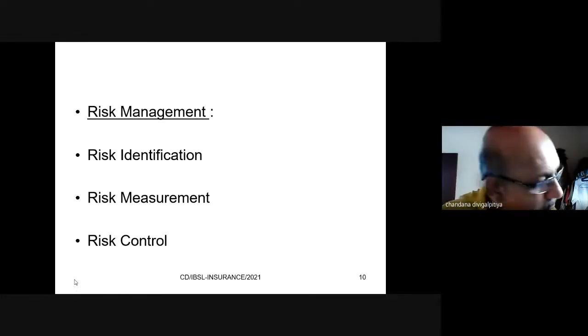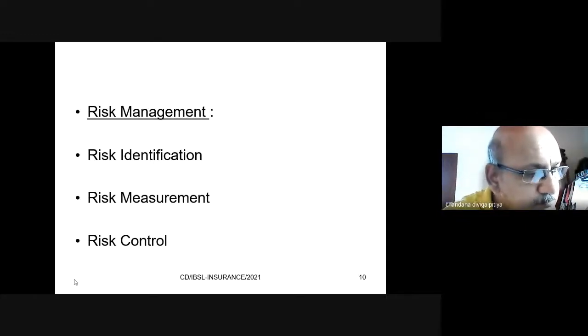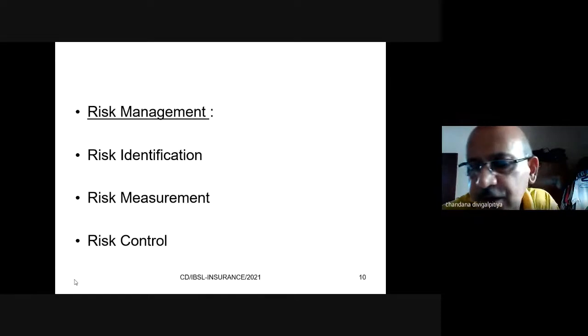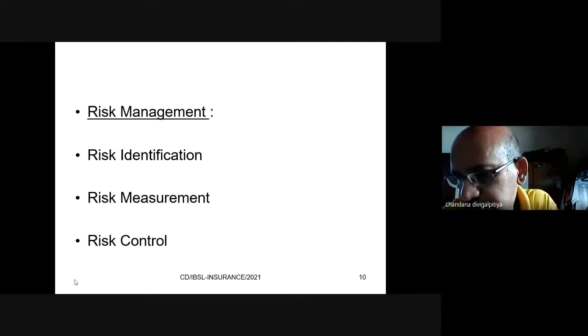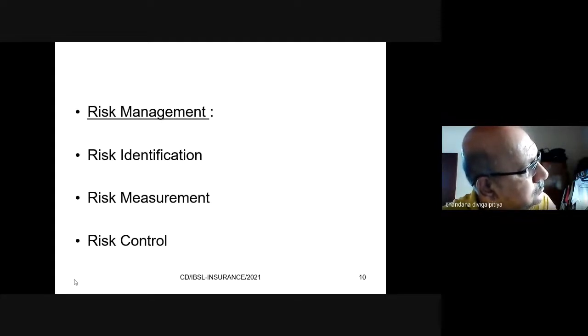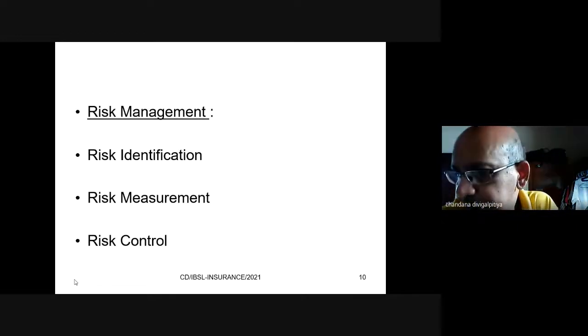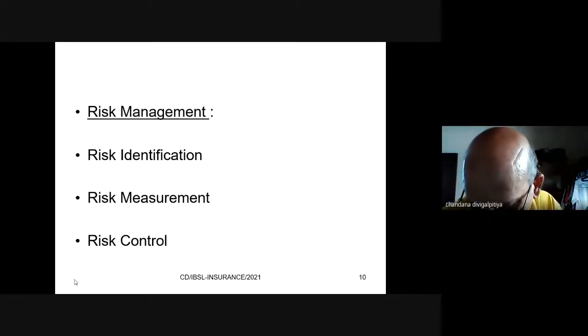In terms of risks, identification, measurement, and control has to happen always.